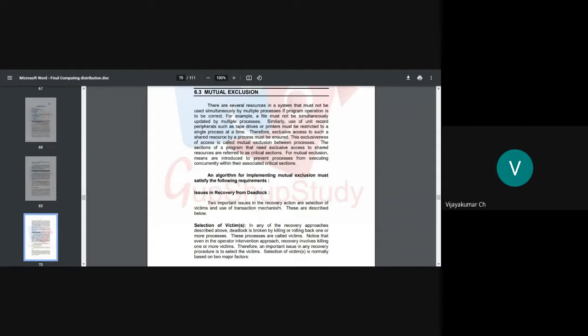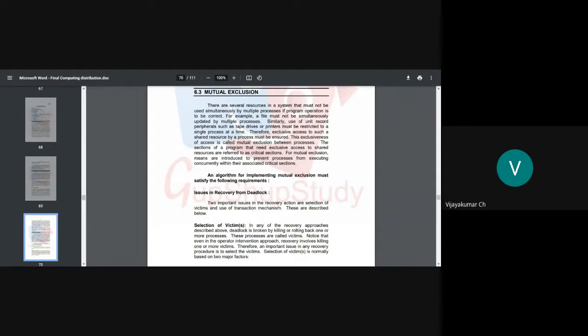There are several resources in a system that must not be used simultaneously by multiple processes if program operation is to be correct. Example, a file must not be simultaneously updated by multiple processes. A single file should not be used at a time by multiple processes. Similarly, use of unit record peripherals such as tape drives or printers must be restricted to a single process at a time.